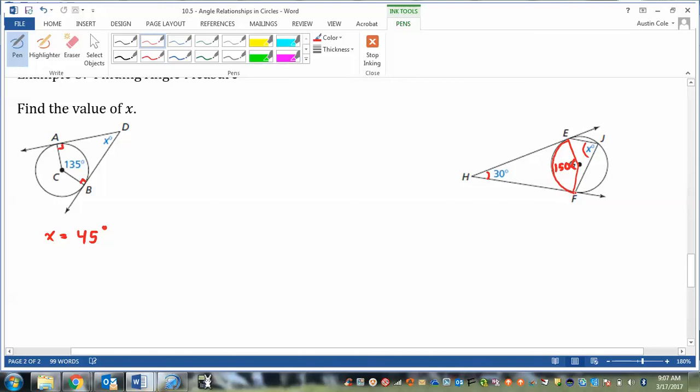How many degrees is that intercepted arc? 150, because the central angle is 150. We've been saying that for a couple class periods now. The measure of the arc is the same thing as the measure of the central angle. So if the central angle is 150, then this arc is 150. And so x needs to be half of the intercepted arc. 75 degrees.